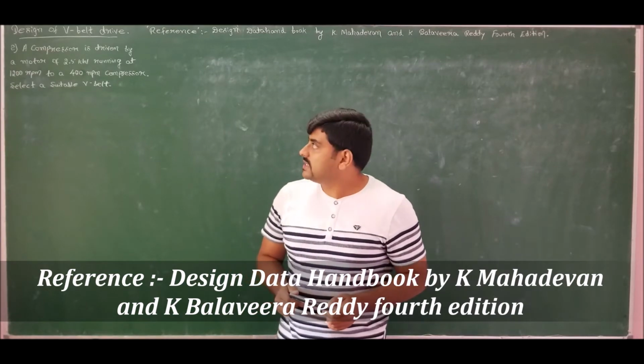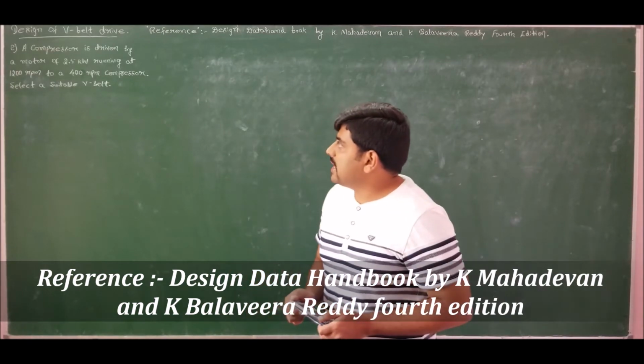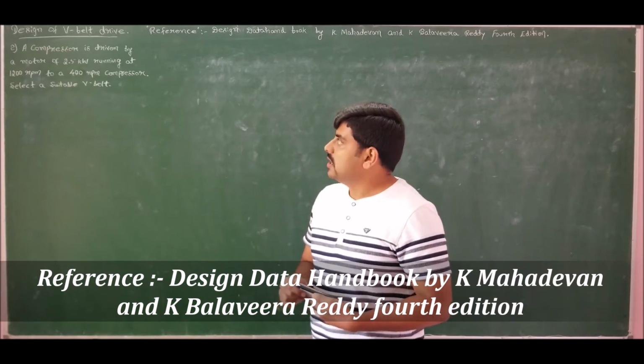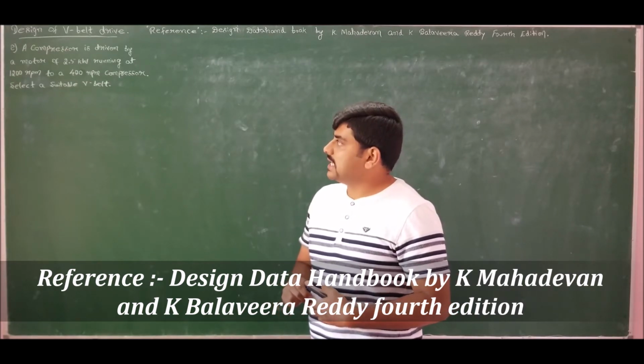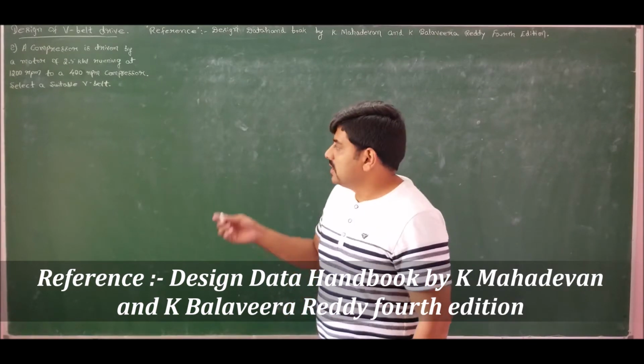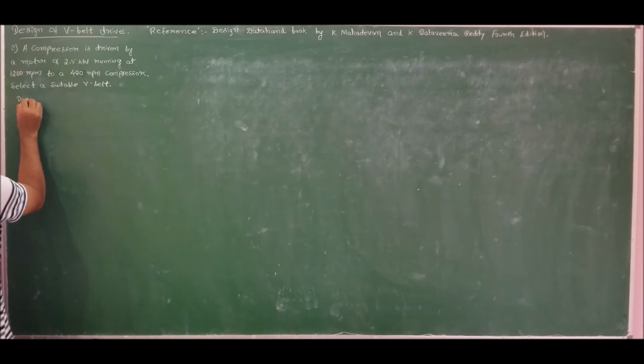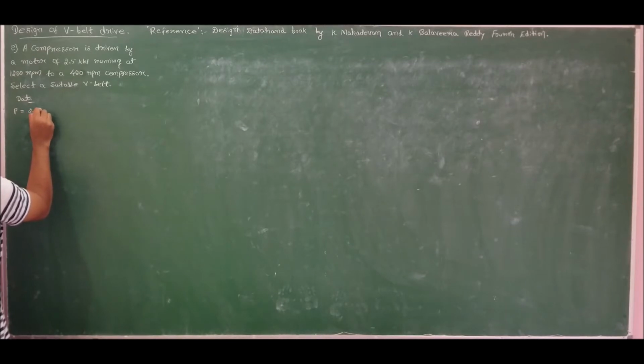Problem number 2 states that a compressor is driven by a motor of 2.5 kilowatts running at 1200 rpm to a 400 rpm compressor. Select a suitable V-belt. Now, if I list out the data given for problem number 2, the total power transmitted from the motor is 2.5 kilowatts.